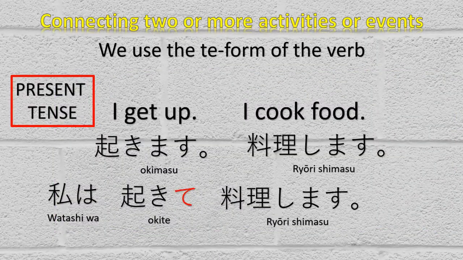So as you can see, it is the tense of the last verb that is going to identify what tense is the preceding verb. So here, we used ryori shimasu. It follows that okite is also in the present tense. Watashi wa okite ryori shimasu.